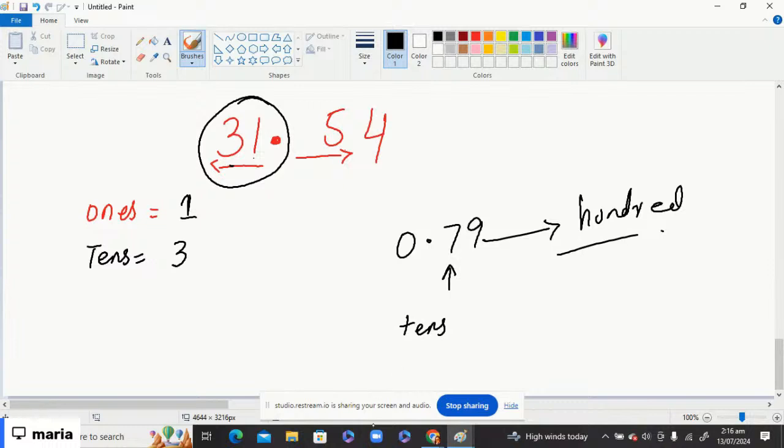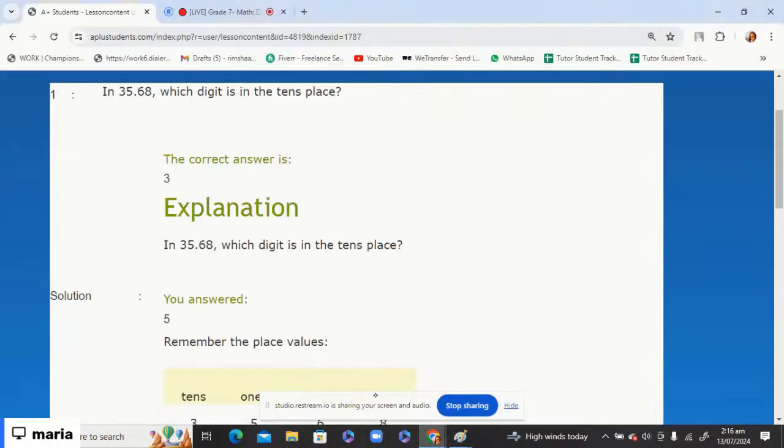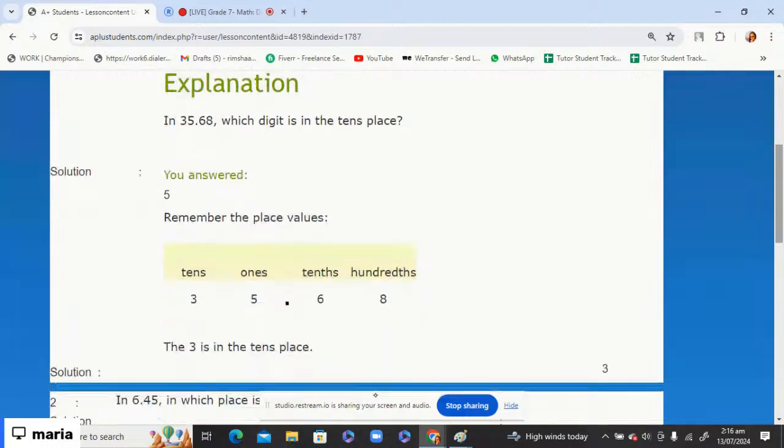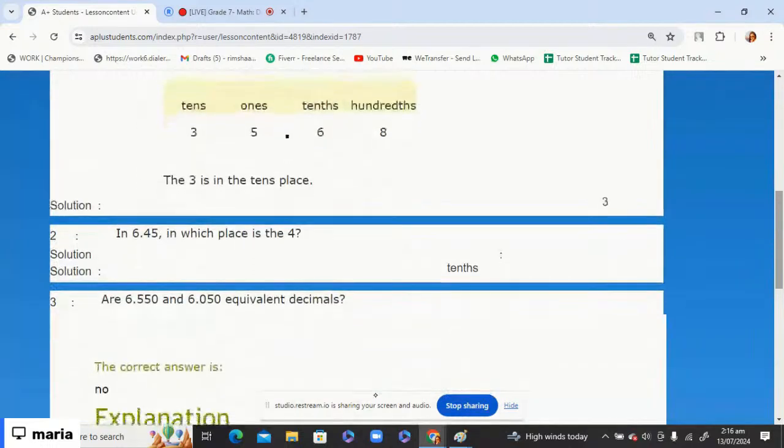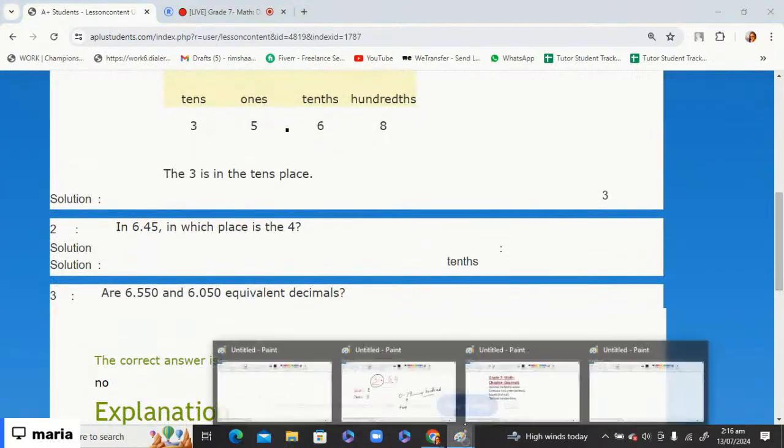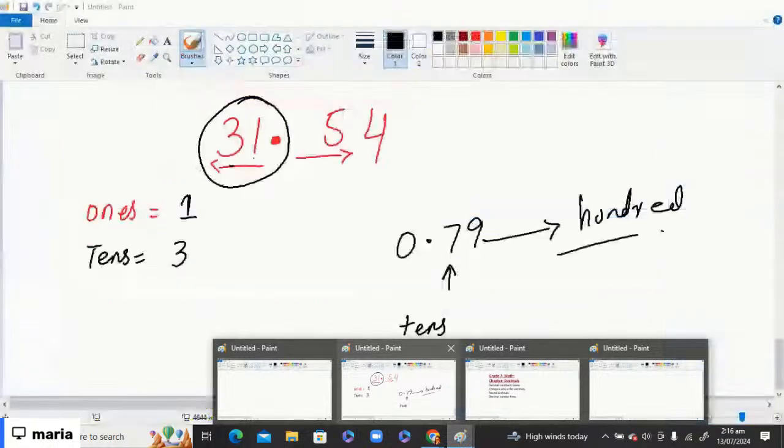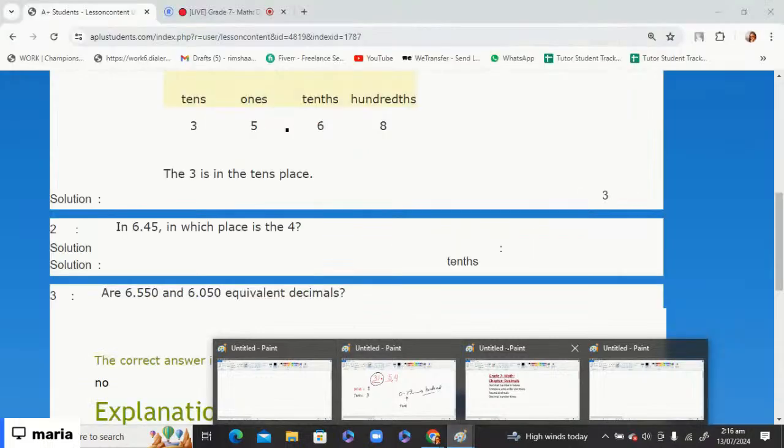Okay. Now, for example, here is a question. It's basically tenth, it's not like tens. It's like tenth place. Here, if I write it, this one is not tens.